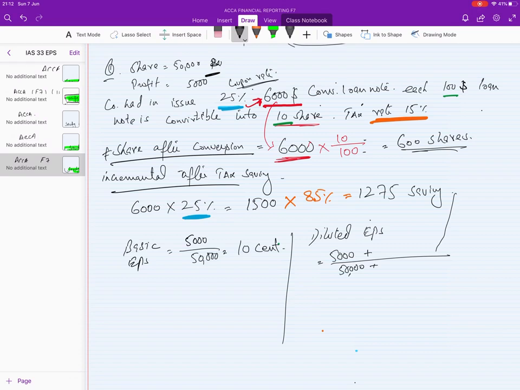The saving is 1,275 and the shares are 600. So it will give you around 12.4 cent. You will notice that this value has increased because the numerator has increased.